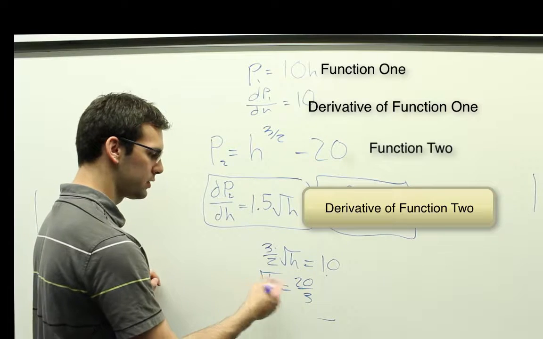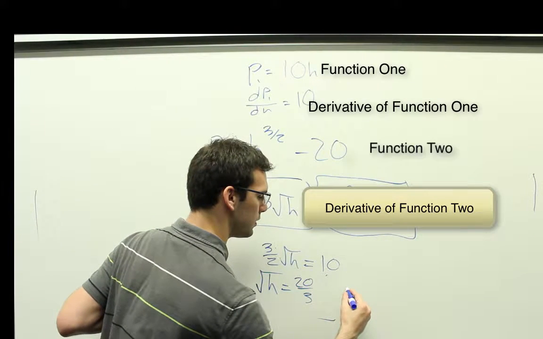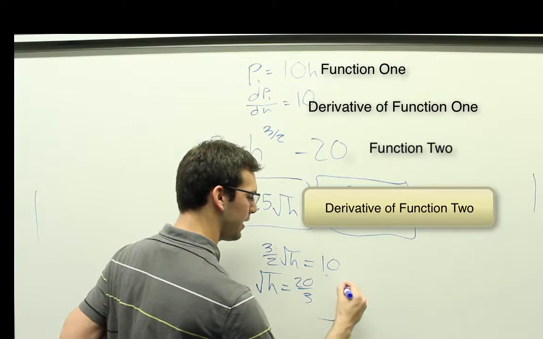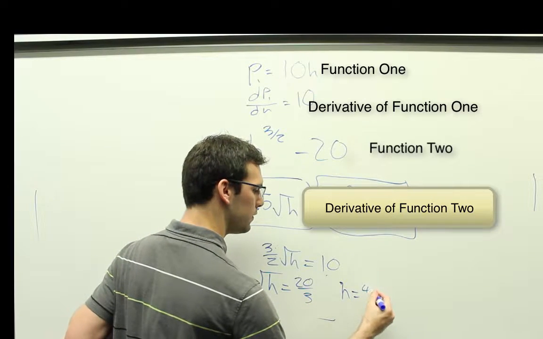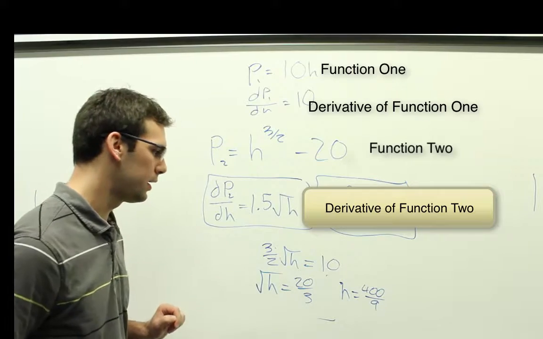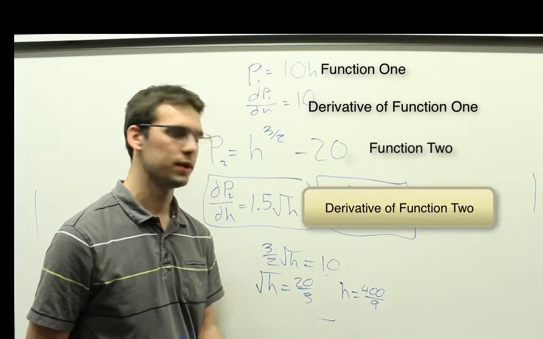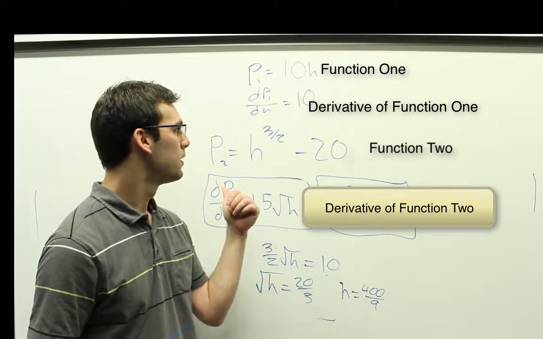And we can go ahead and square that to get h. H equals 400 over 9.